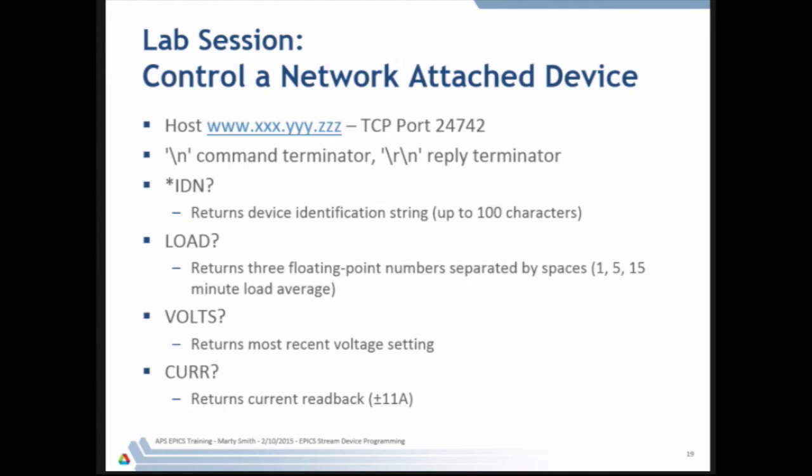This will return 3 floating point numbers separated by spaces. This one in the database I've already done for you as an example. Volts will return the most recent voltage setting and current, the current readback, plus or minus 11 amps.